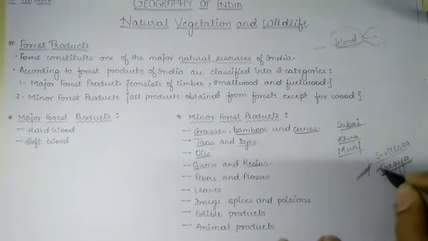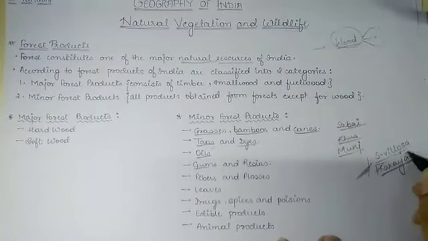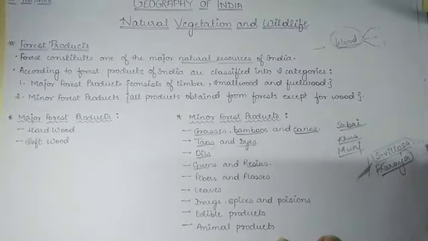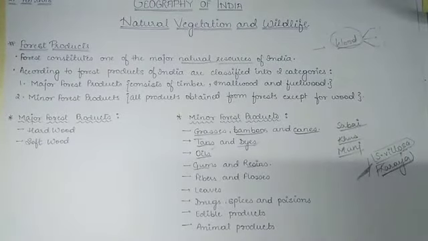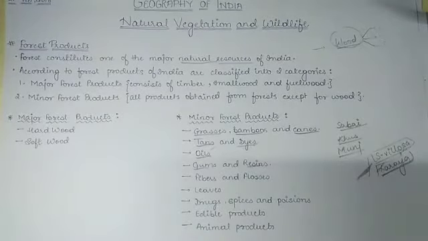This is the name of the gum which is extracted from this species of tree. Now this gum is mainly used in textile, cosmetic, medicinal use, inks, paste, and other things.